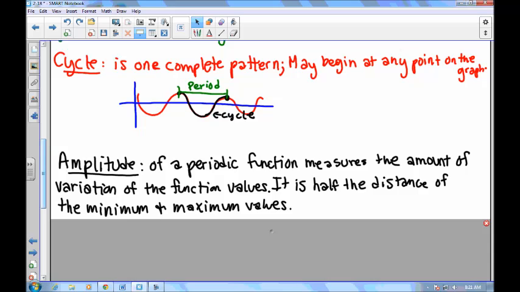It is half the distance of the minimum and maximum values. I like to think of amplitude as wherever sea level is, wherever you're oscillating around. I like to think of amplitude as the height of the mountains or the depth of the valleys, because it will be equal. The depths of the valleys and the heights of the mountains would be equal. It's the height. Okay?